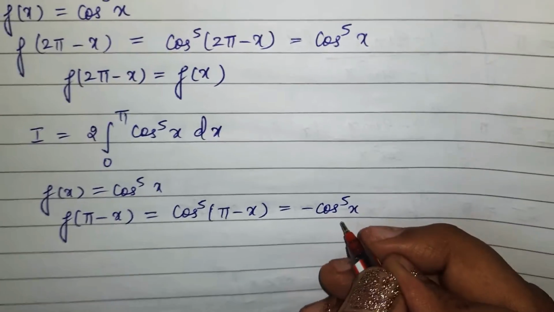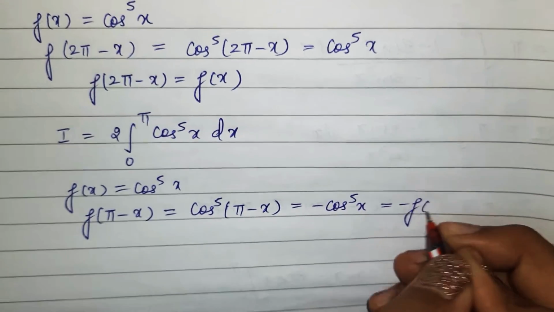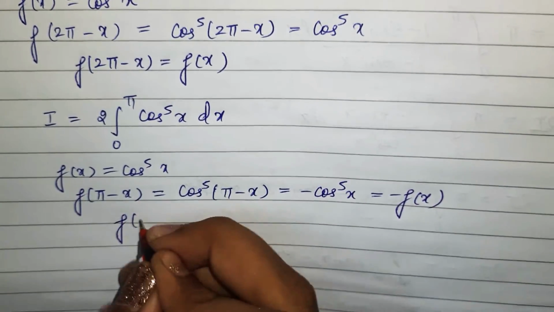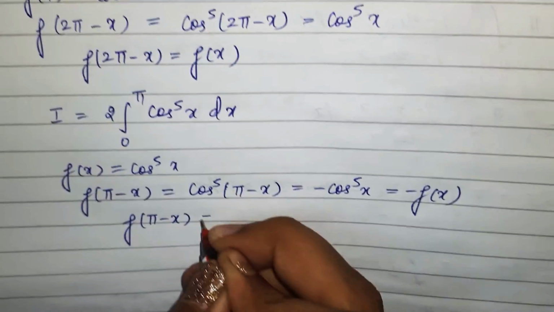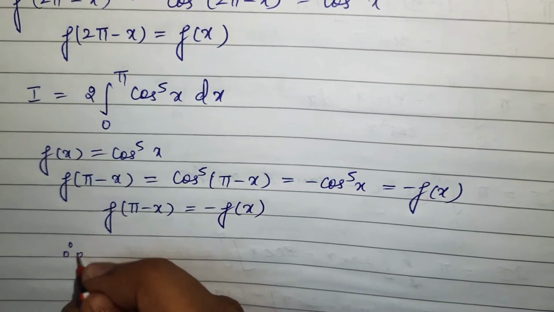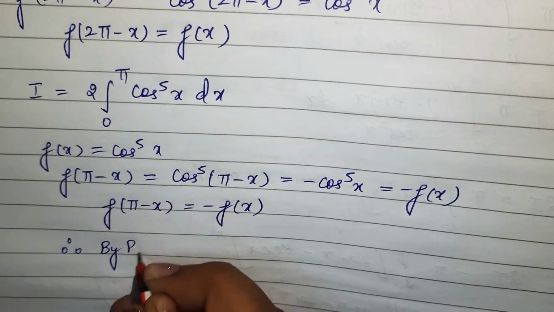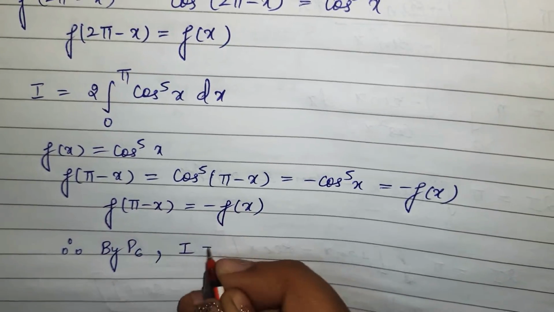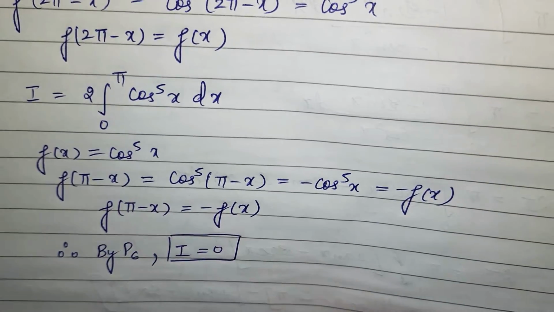That means f of pi minus x is equivalent to minus of f of x. So therefore by P6 the integral value will become 0.